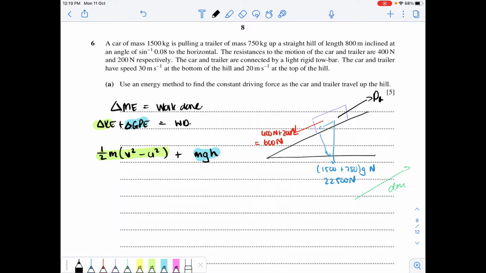So for change in kinetic energy, we have 1/2. We need the mass of both of the objects, so that's 2,250.